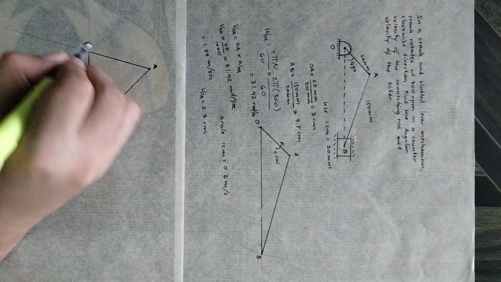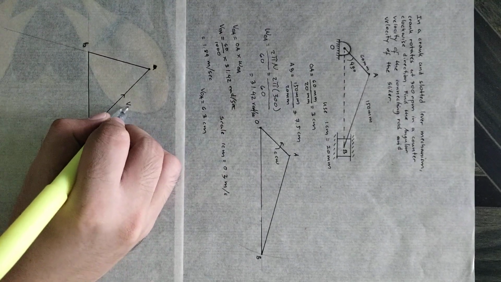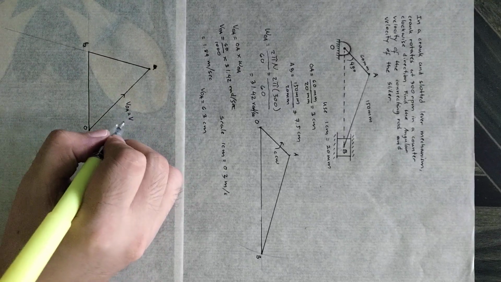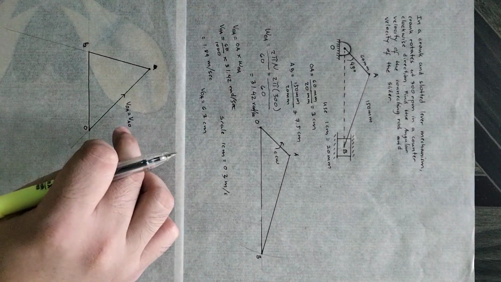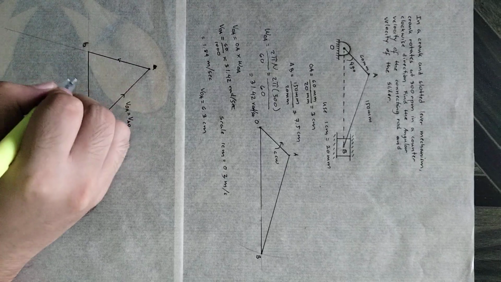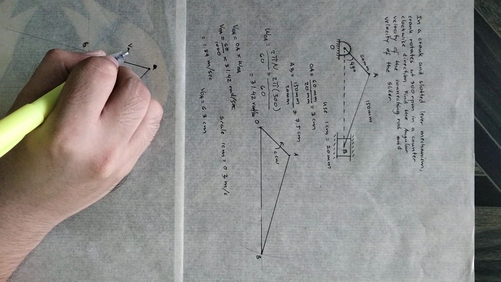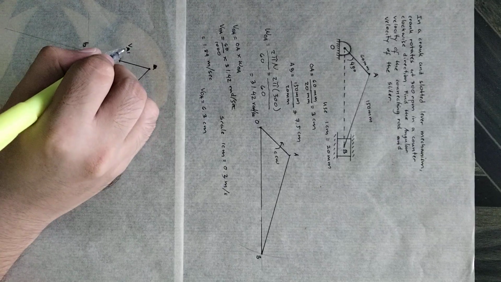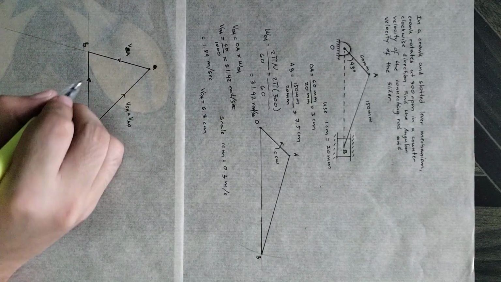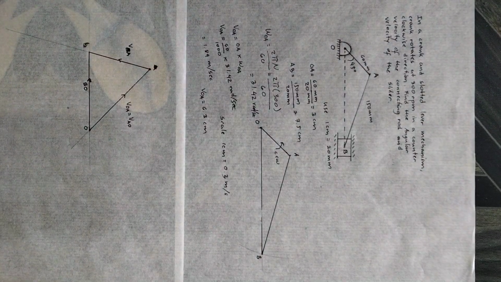So this is now your point B and this is your point A. So this is the speed VOA, or just equal to VAO, the velocity of A relative to point O, and this is the speed of B relative to A, and this is the speed of B relative to O.